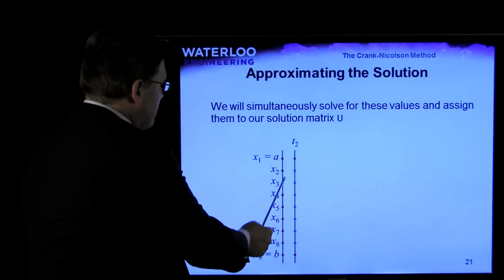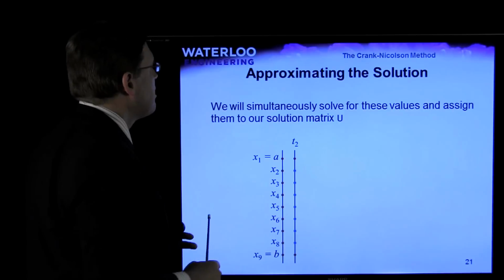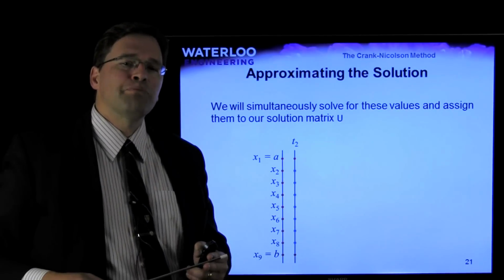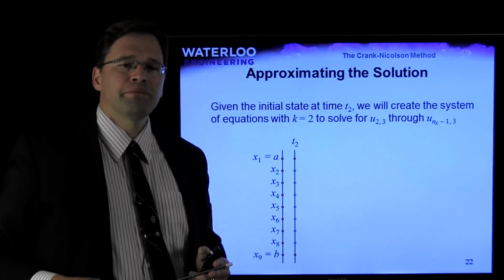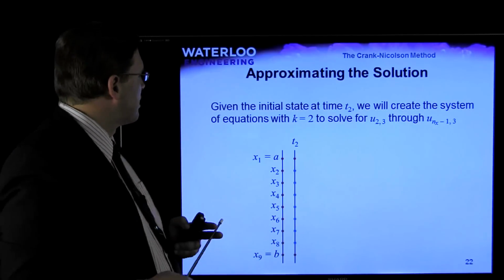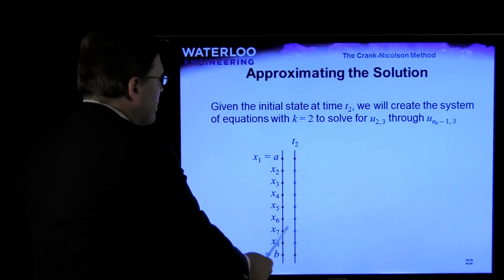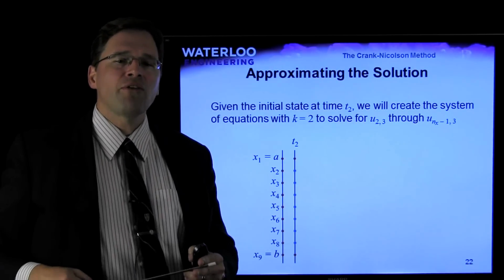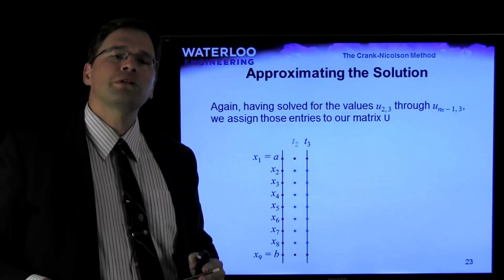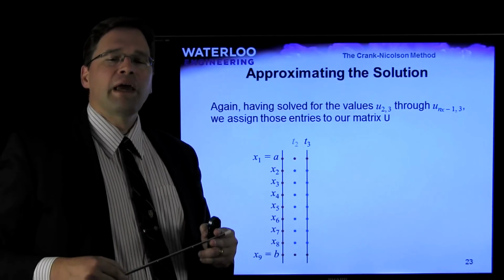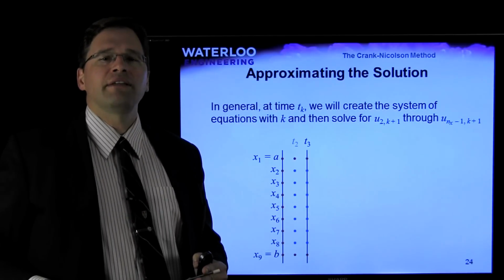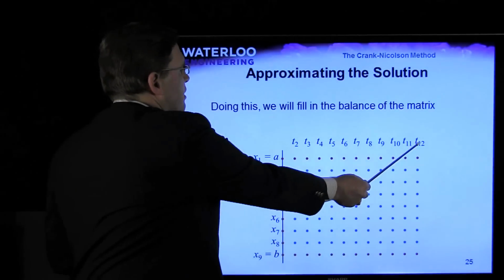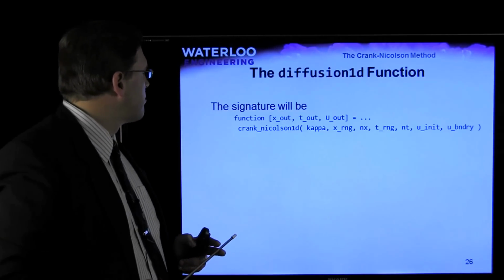We would essentially create the system of equations, solve it, and substitute the values back into the matrix U. Now, given these values, we can set up another system of n sub x minus 2 equations and unknowns, solve them, and substitute those back into the matrix U. And we can carry on until we get up to time t sub n sub t.